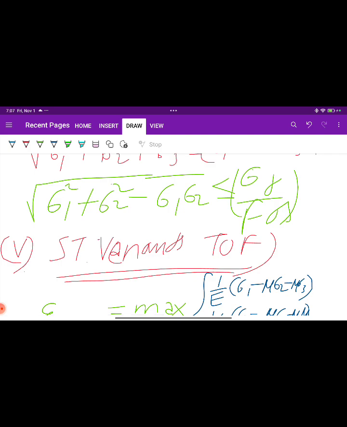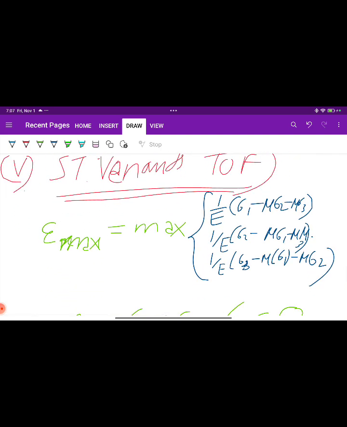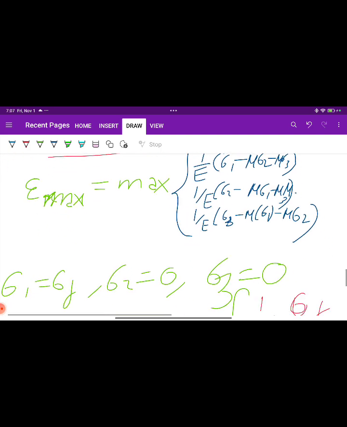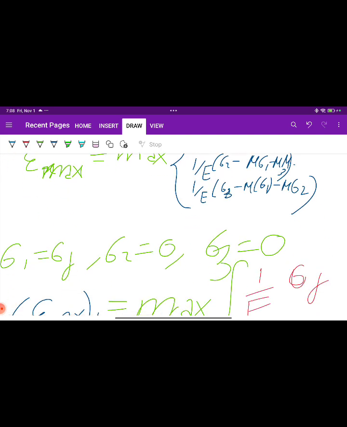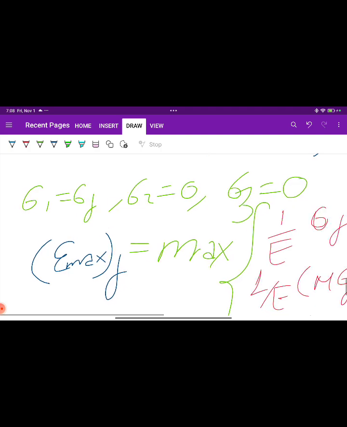And for 2D condition we know this. Then we talk about Saint-Venant's theory of failure, or we can say the principal strain theory of failure. In this case, the maximum strain will be equal to the max of 1/E [sigma 1 minus mu (sigma 2 plus sigma 3)], or 1/E [sigma 2 minus mu (sigma 1 plus sigma 3)], or 1/E [sigma 3 minus mu (sigma 1 plus sigma 2)].